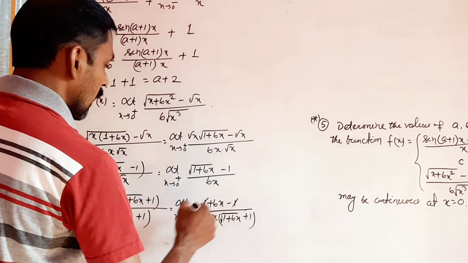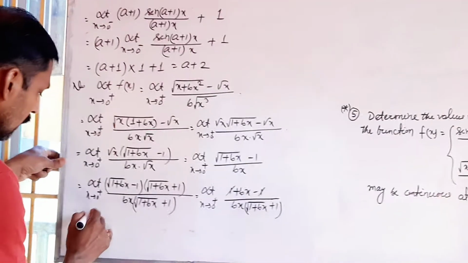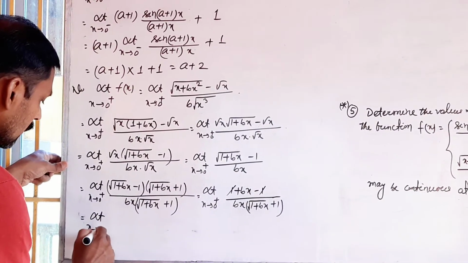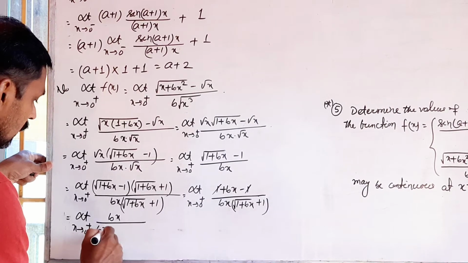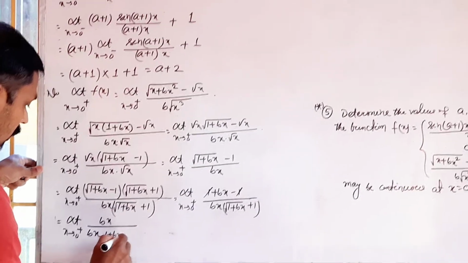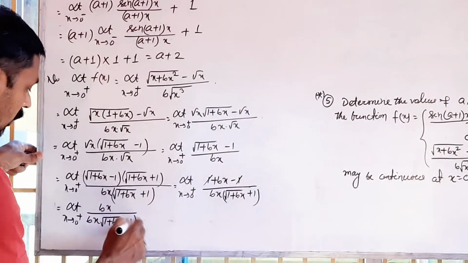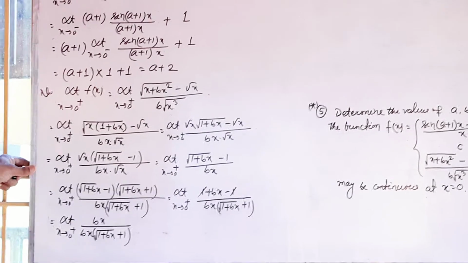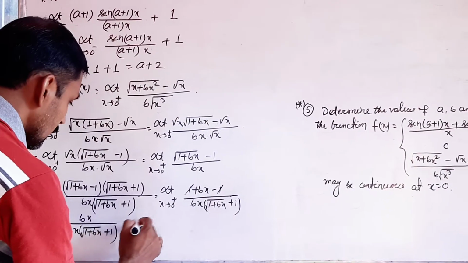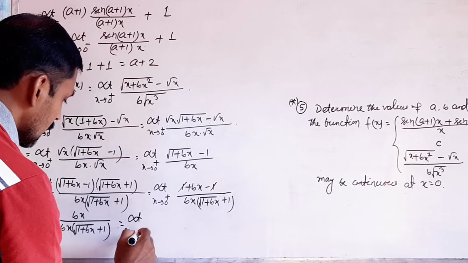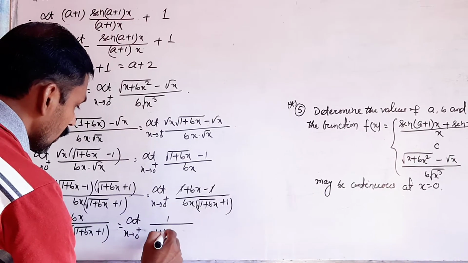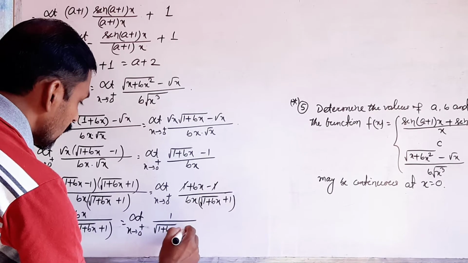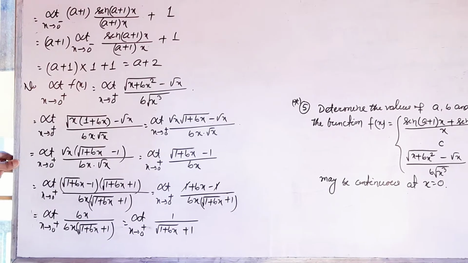Now plus 1 minus 1 cancel. So it is limit x tends to 0 plus, bx by bx into root of 1 plus bx plus 1. Again bx is cancelled. So you will get limit x tends to 0 plus, 1 by root of 1 plus bx plus 1.